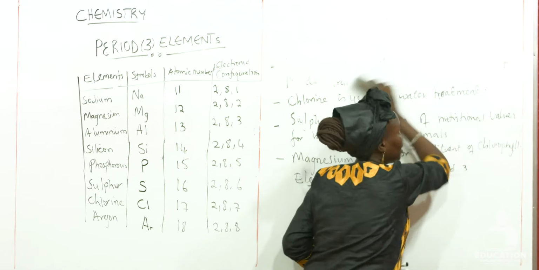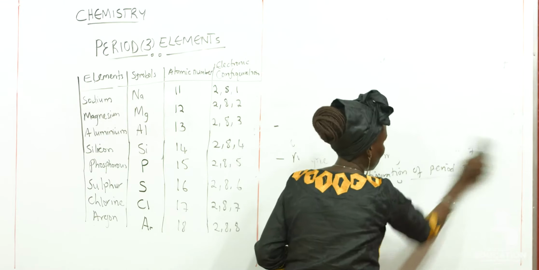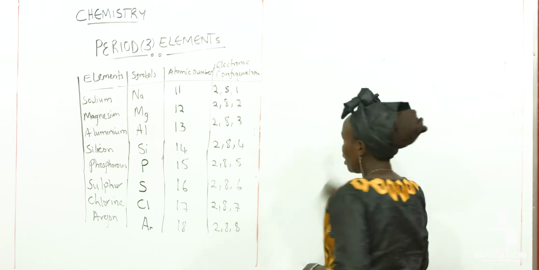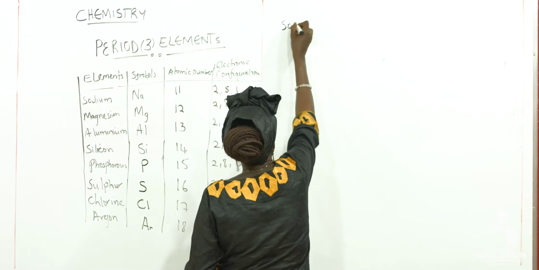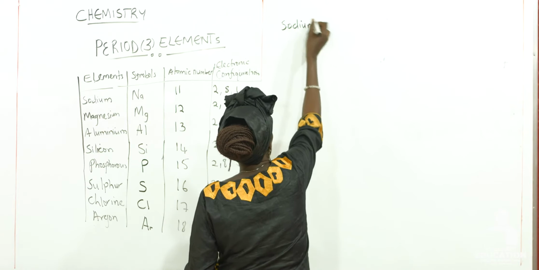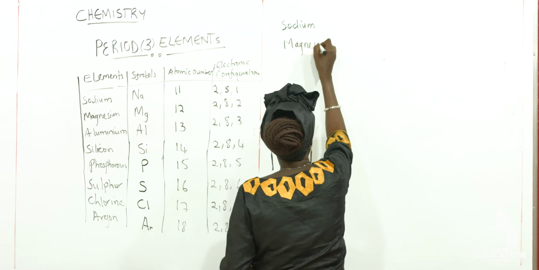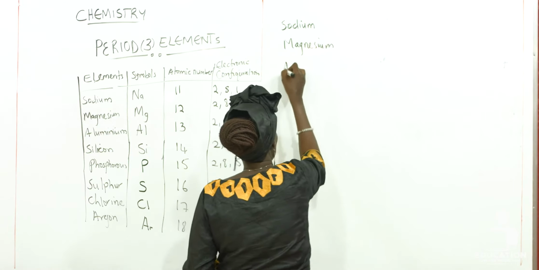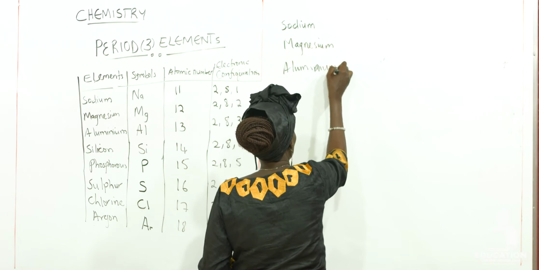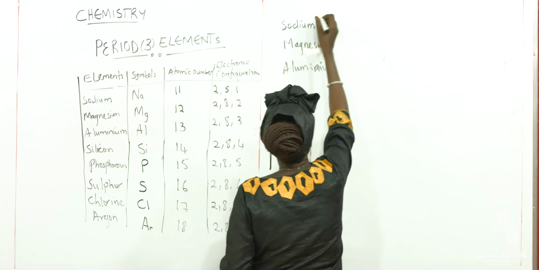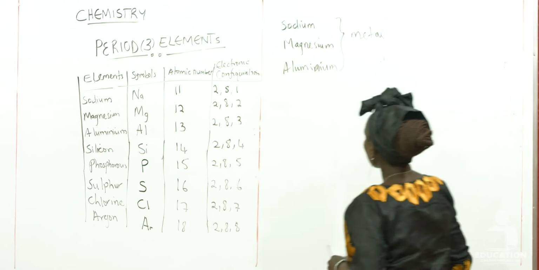So we have to know that the first 3 elements are considered to be metals, and the first 3 elements are sodium, magnesium, aluminium. These are known as metals. So why do we consider them as metals?